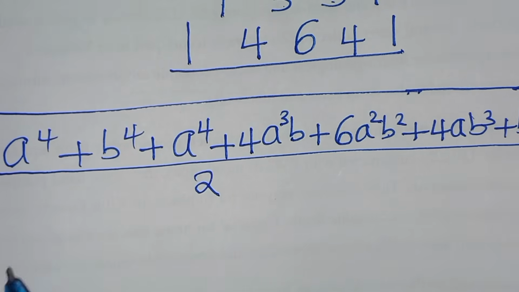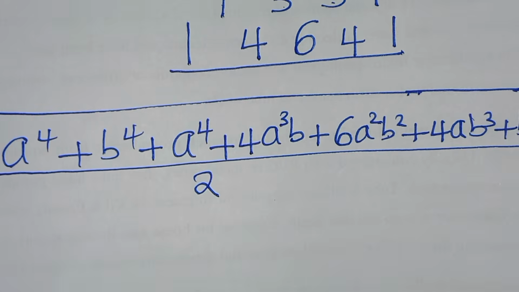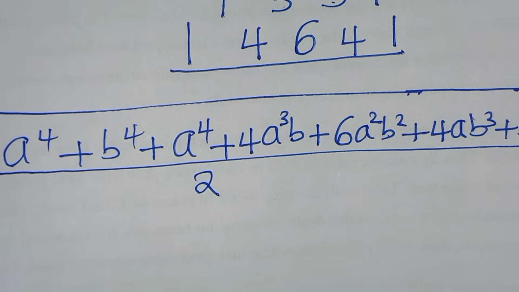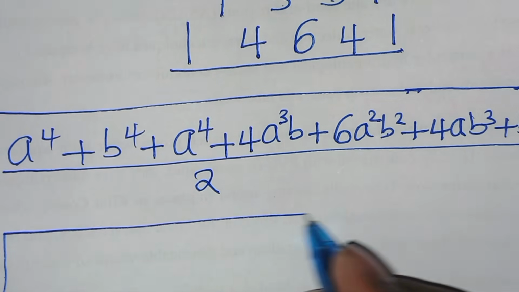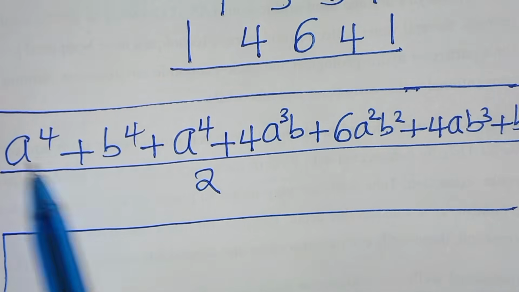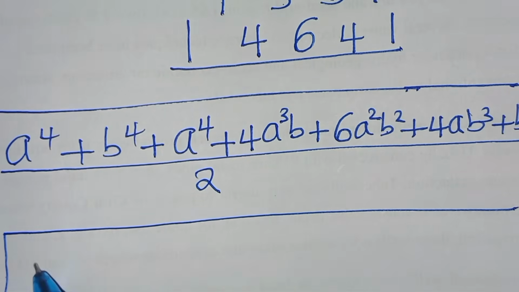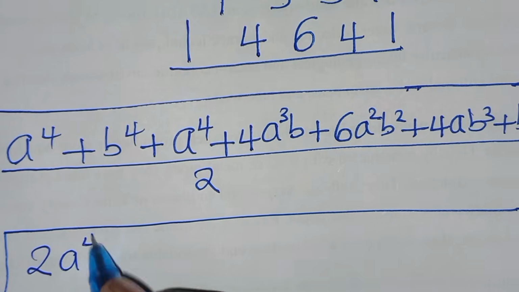So this implies that here, this is the same thing as the square root of, we have A to power 4 plus A to power 4. So this is 2A to power 4.